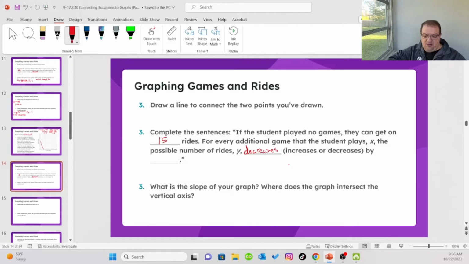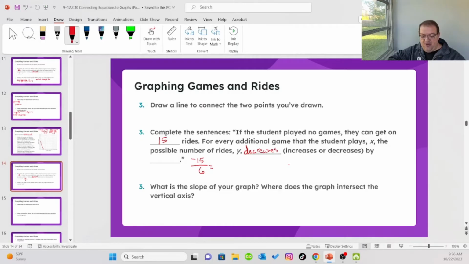By some number. So if we look at our line, we start at 15 and go to 0. So that is negative 15 change in y. For our x, we start at 0 and we go to 6. Both of these numbers are divisible by 3.